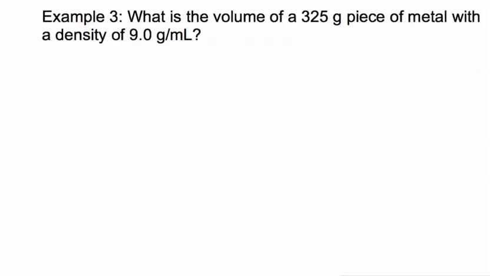Let's look at our final example. What is the volume of a 325 gram piece of metal with a density of 9 grams per milliliter? So first step, always, write what you know. Now this doesn't tell you what 325 grams is, but you should know that grams is how we measure mass.